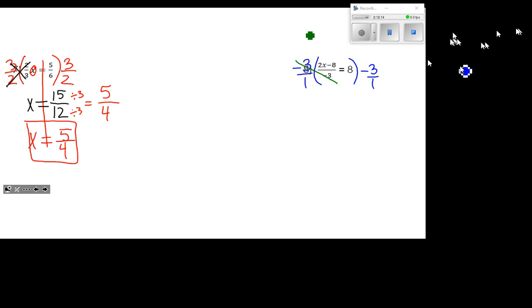Now that cancels those out, and we are left with 2x minus 8 equals 8 times negative 3 is negative 24. Now we have to do something to both sides to get x isolated. So let's start with getting rid of minus 8. So let's plus 8 on both sides.